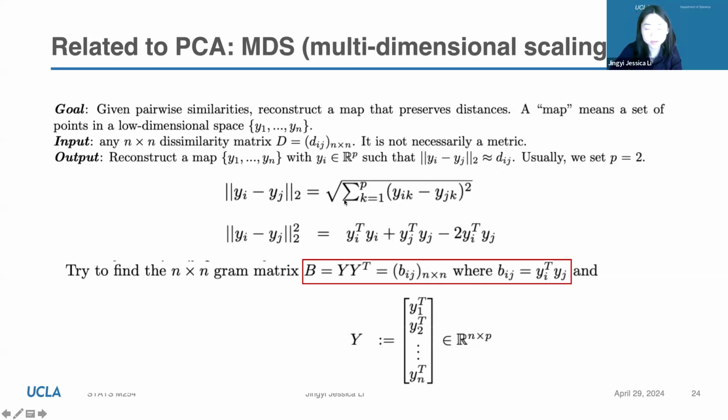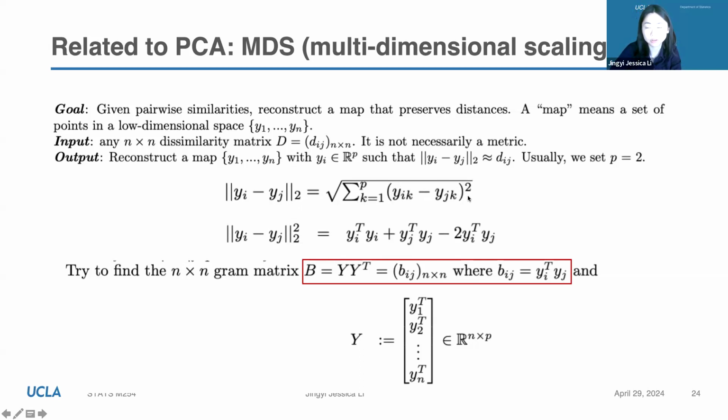And this is the definition of Euclidean distance just for your review. Let's say we have p dimensions, we let k go from 1 to p. In every dimension, we take the square distance between yi and yj, sum over the square distances, and then take the square root.